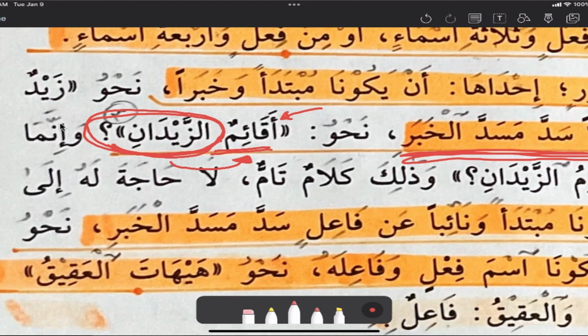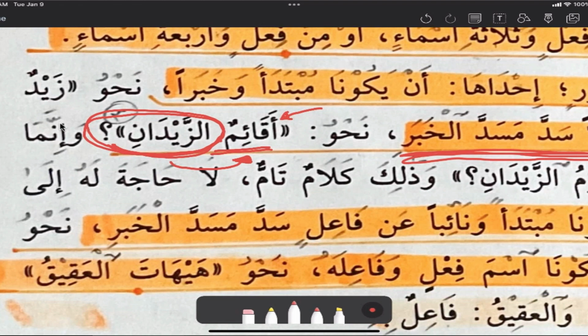It's a nominal, but since it's an adjective, it has the meaning of a verb because he's standing, right? So if he's standing, there's an action going on, but that's not a verb. That's a description. But it has the meaning of a verb, and so then Zaydani came and treated it like a verb, and then just took a subject of a sentence as a predicate, basically.